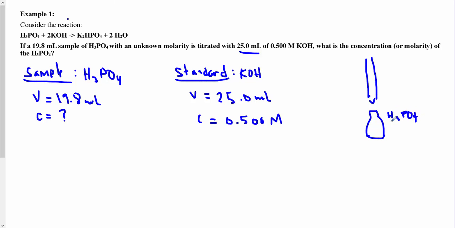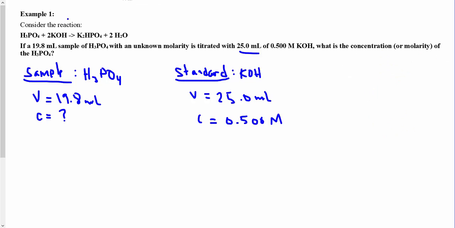And again, you could put that exact same information down there. You could write your volume, which is 19.8 mL. And then here's your standard here in the burette, which is the potassium hydroxide. And then you could write all the same information. You could write the volume and the concentration. So however it makes sense to organize it for yourself, go ahead and do that. I'm going to use the way I've set it up first here, just for simplicity.